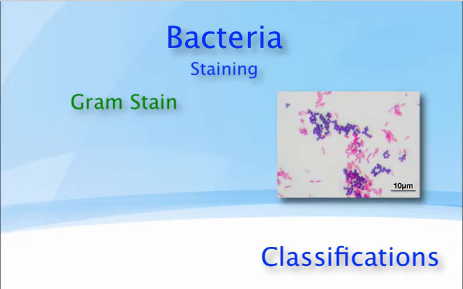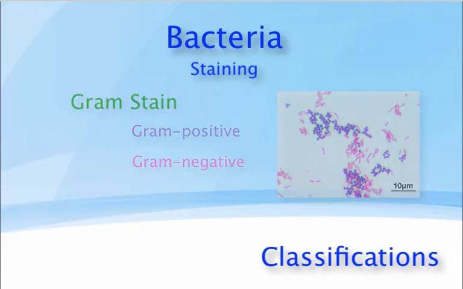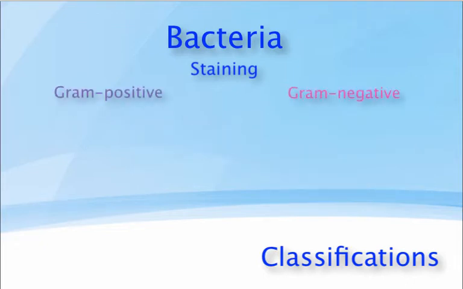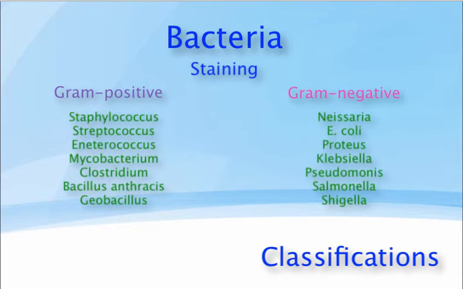Those that stain purple are called Gram-positive, and those that stain red are Gram-negative. This test is used as a first step in identifying the type of bacteria that may be causing an infection. These are the most common Gram-positive and Gram-negative disease-causing bacteria.